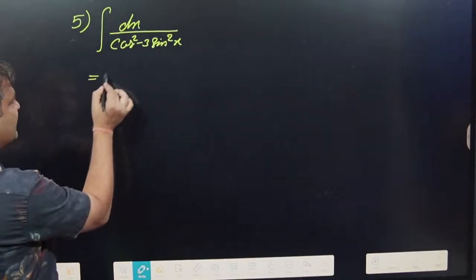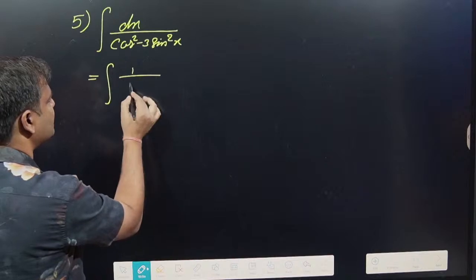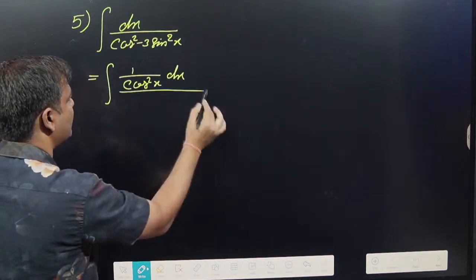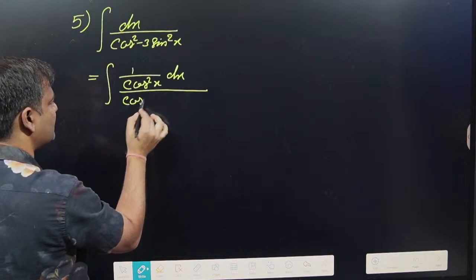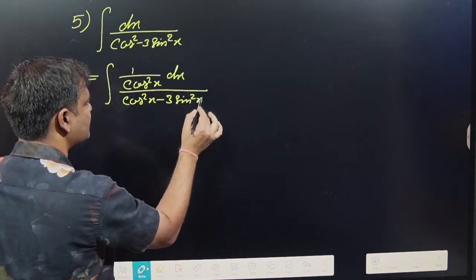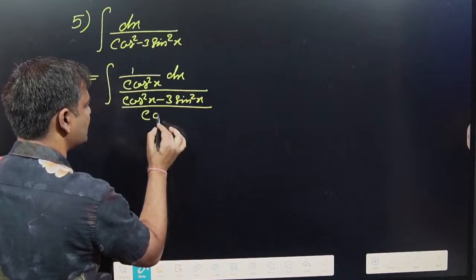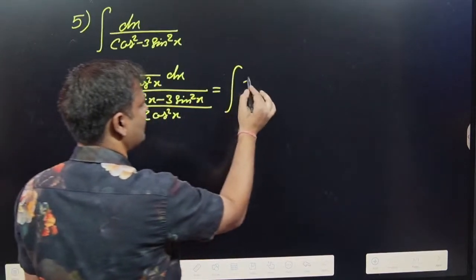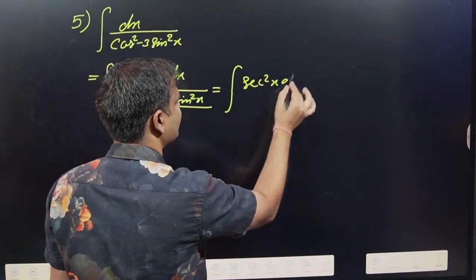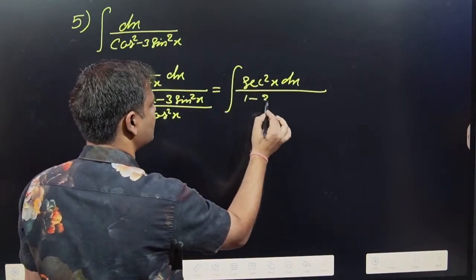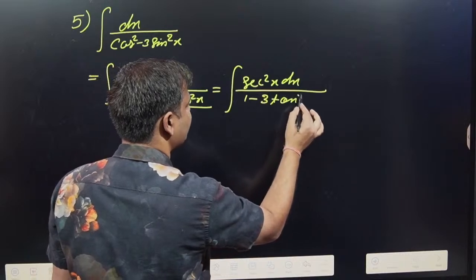So this becomes sec square x dx, and the denominator becomes (cos square x minus 3 sin square x) divided by cos square x, that is 1 minus 3 tan square x. Very simple.